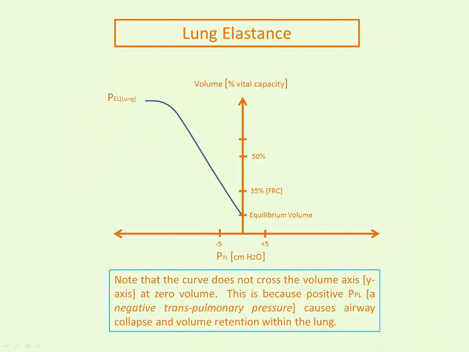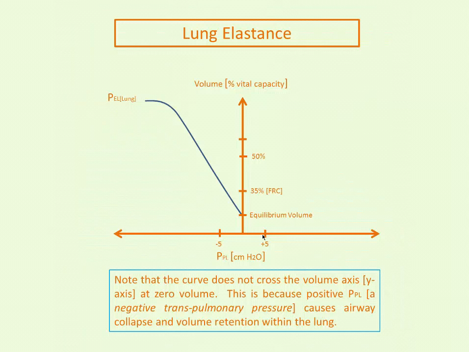And you can see there's this volume down here known as the equilibrium volume, and that is when the intrathoracic or pleural pressure becomes atmospheric or zero. The lung reaches its equilibrium volume, and if you were to go above atmospheric pressure, that is, have a positive intrathoracic pressure, you would maintain that equilibrium volume, and that is because of the positive pleural pressure, or conversely you could look at it as a negative transpulmonary pressure.